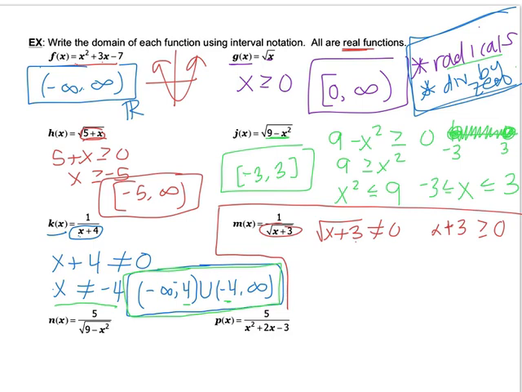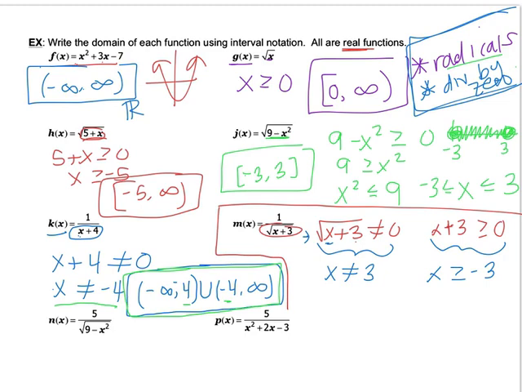So if you think of when this first one, the square root of x plus 3 can't be 0. The only time the square root of x plus 3 equals 0 is when you're taking the square root of 0, which would mean x has to be negative 3. So this right here means x can't be negative 3. That would mean I would be taking the square root of 0, which is 0. For this one, you just solve it by subtracting 3 from both sides, and your limitation would be that x would have to be greater than or equal to negative 3.